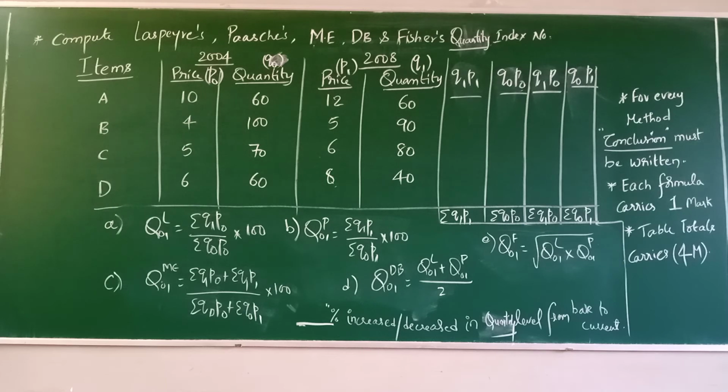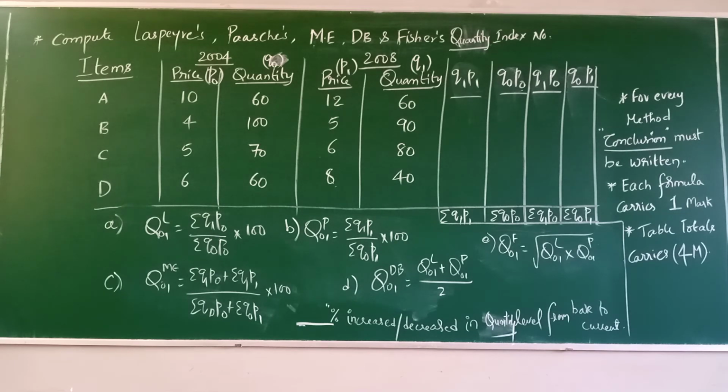When you are substituting the direct answers of Laspeyres and Paasche's, you are not supposed to multiply by 100, because already in Laspeyres you calculated it multiplied by 100 and Paasche's also. Only with those values multiplied by 100 you are substituting. So again you need not put the value 100 multiplying to that formula. When you substitute directly, direct answers have to be taken.